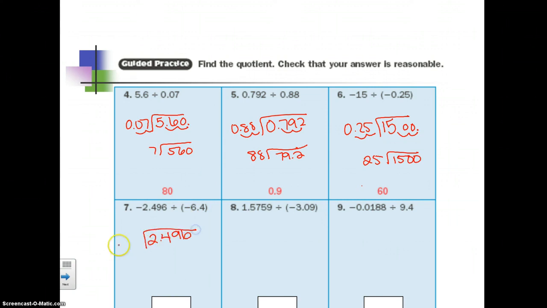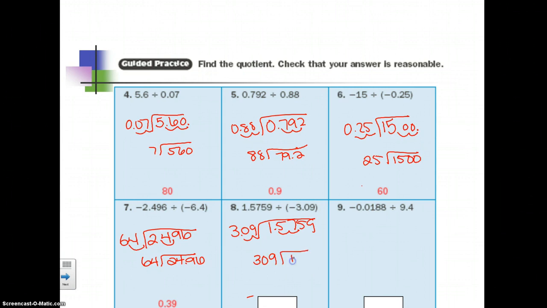First number goes inside the division sign, second number on the outside. Move it over once, move it over once. 64 into 24.96. 0.39, 39 hundredths. Different signs now, so the answer is going to be negative. Move it over twice, move it over twice. 309 into 157.59.